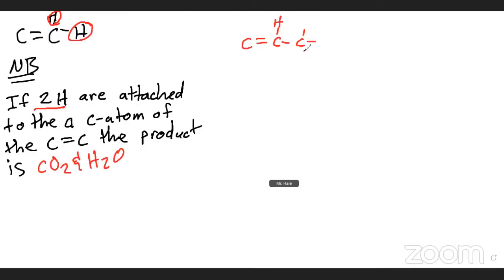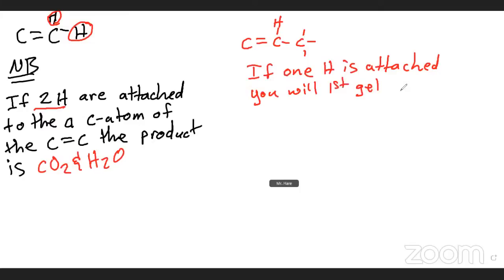In this compound, the next rule: if one hydrogen is attached, we will first get an aldehyde, then a carboxylic acid.